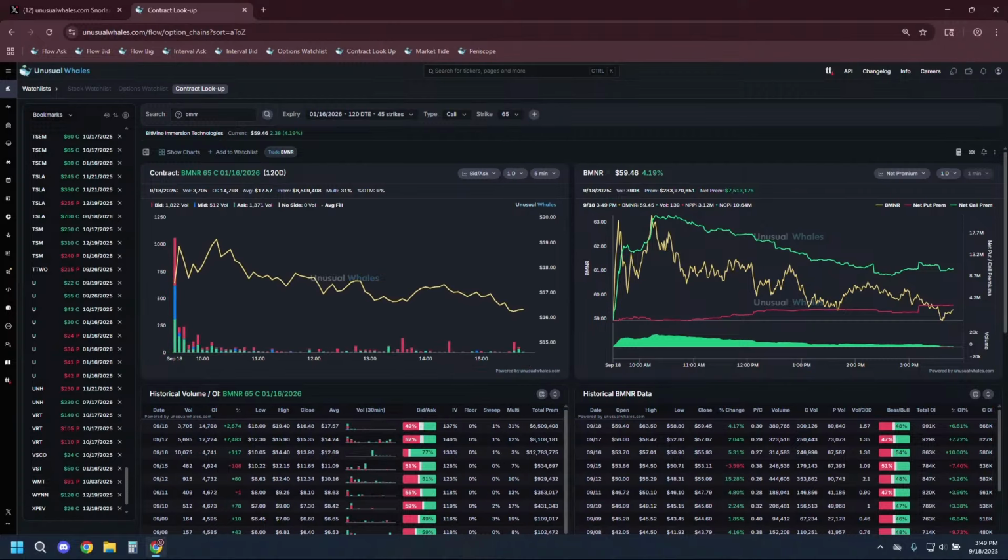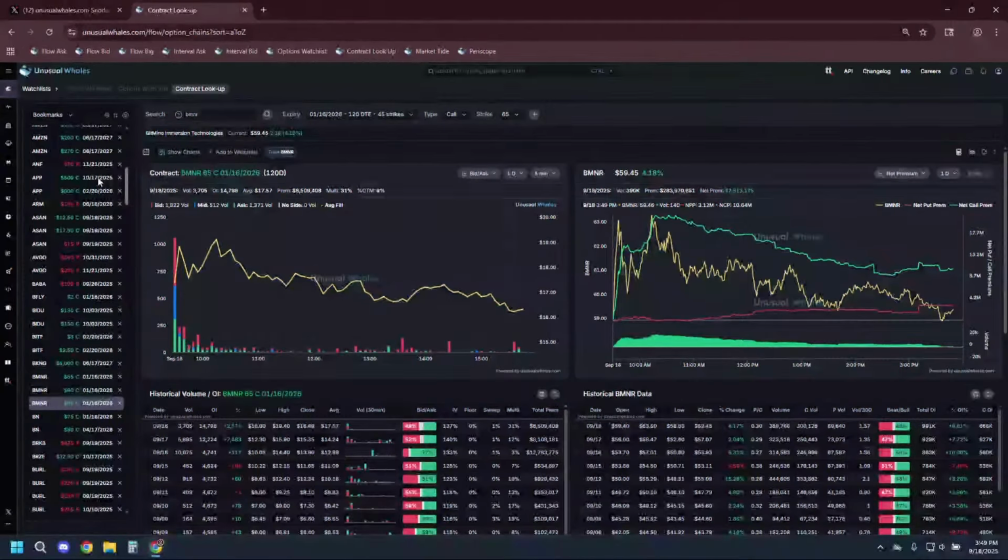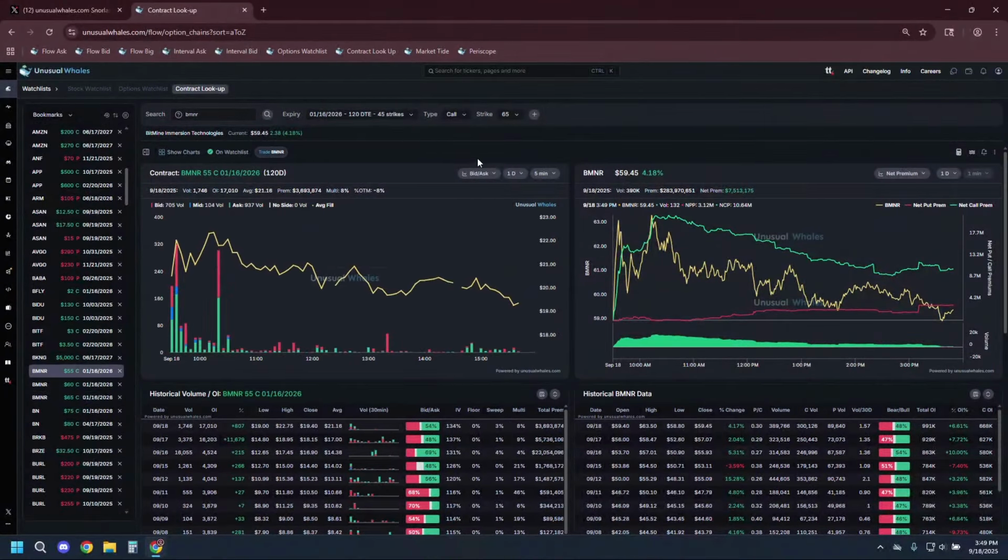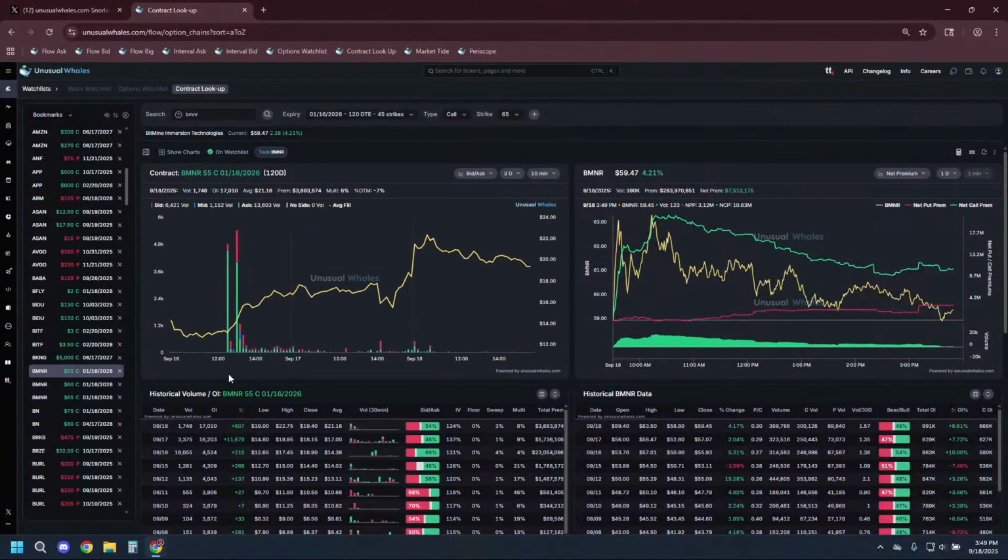All right. BMNR 55. So they opened them. You got a candle of, let's just say 5,000. Here's another 5,000. Open interest increases by more than 5,000 plus 5,000. So they're in their position.